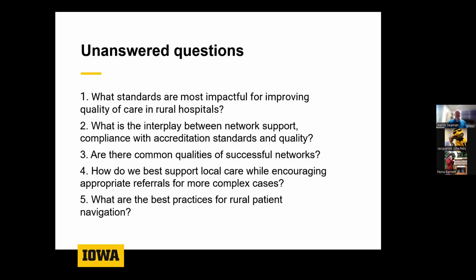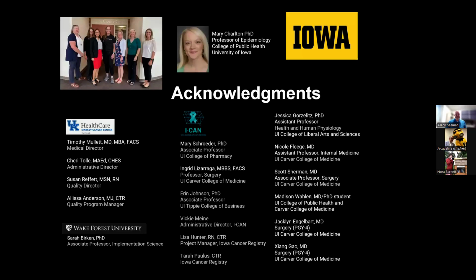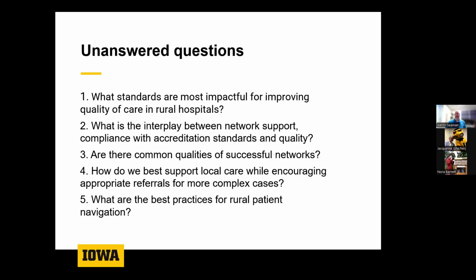Our primary goal for this project was improvement in the quality of rural cancer care. We chose COC accreditation as our platform because it was the most comprehensive and well-established. We don't know whether some standards are more impactful for quality in rural hospitals than others. Furthermore, like McCann, we're using a network model to facilitate accreditation.